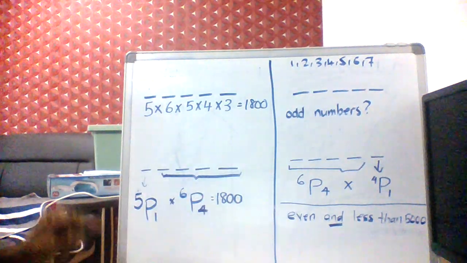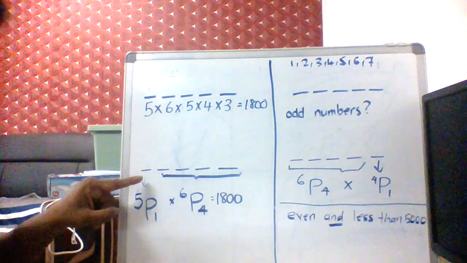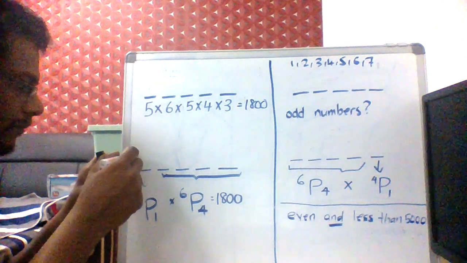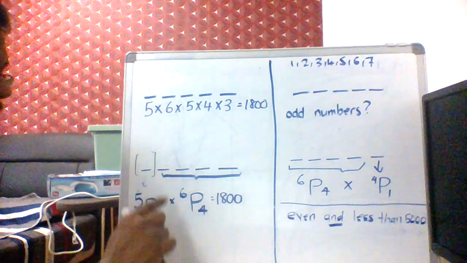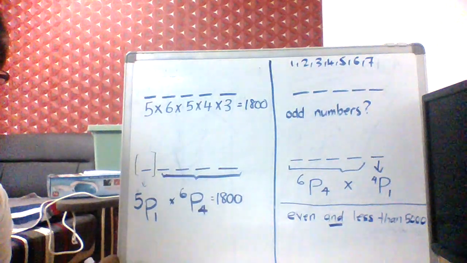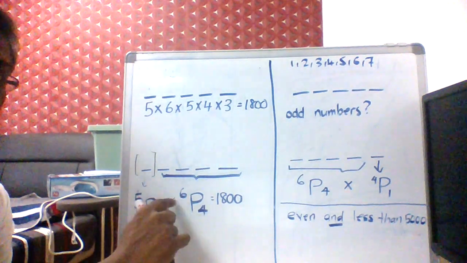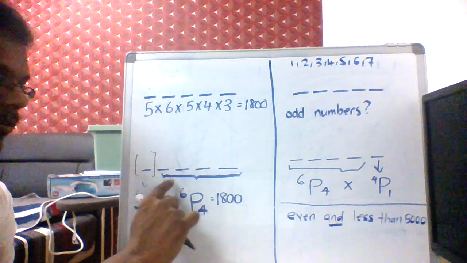You have 5. From 5, you need to pick 1 only to place it here. Done, settled. The other 4, you can just randomly, from the remaining 6, you can pick any 4.